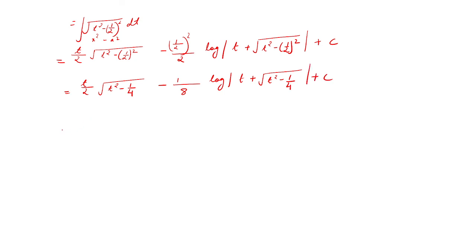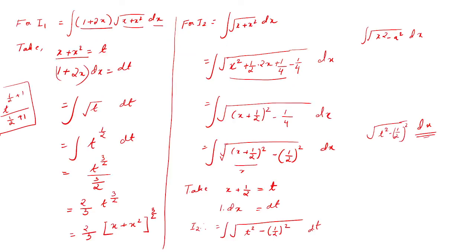Next, what you can do is you can start substituting your x, okay? Your t, what did you get your t as? Your t was x plus half, right? So replace that, okay?